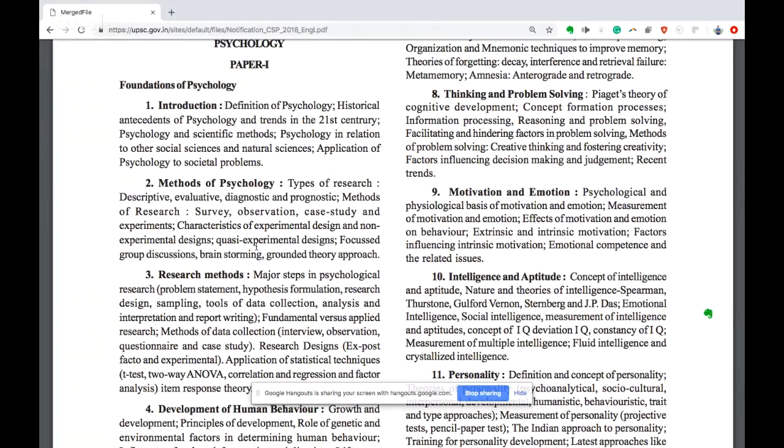These are very typical social science topics, which you have to read in almost all these social science subjects. But they are more important in psychology because psychology is more dependent on experiments and collecting data and analyzing it, then coming to a finding.